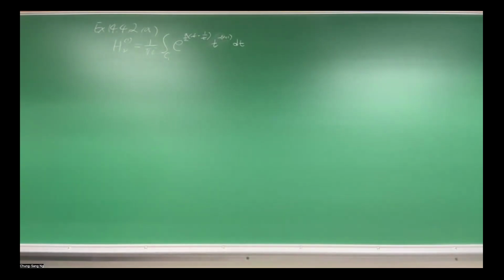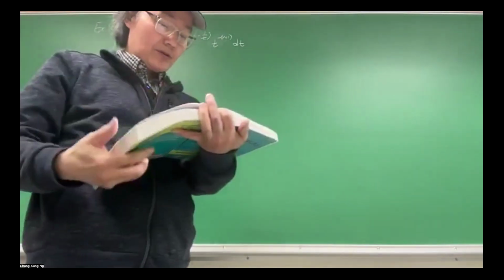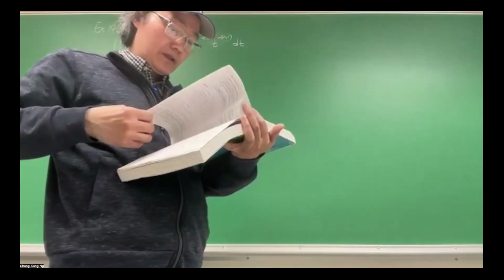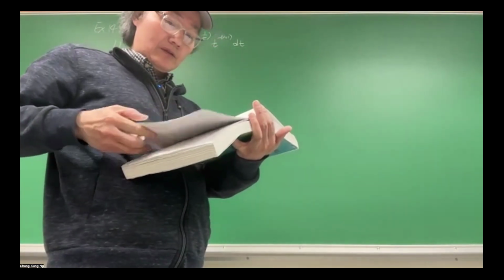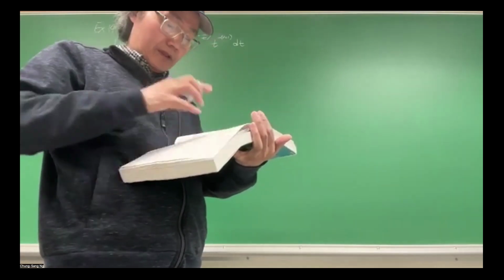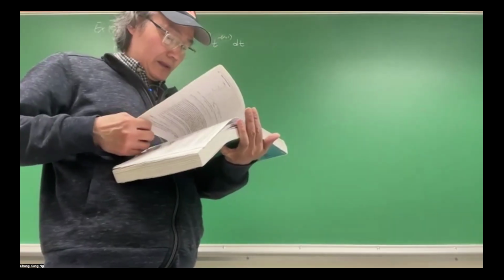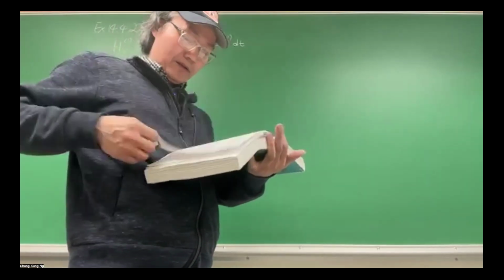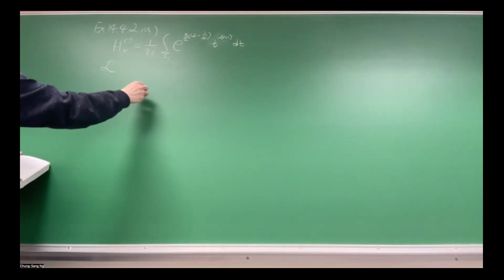We want to operate h with the Bessel equation differential operator, which should be in section 1. You don't want to make a mistake by not having the correct operator.